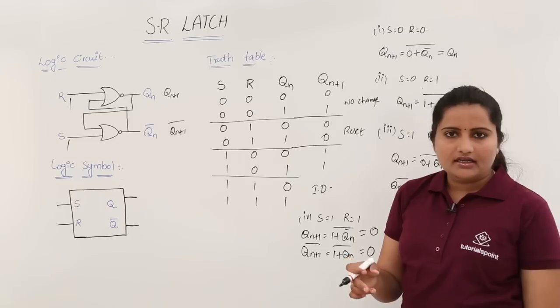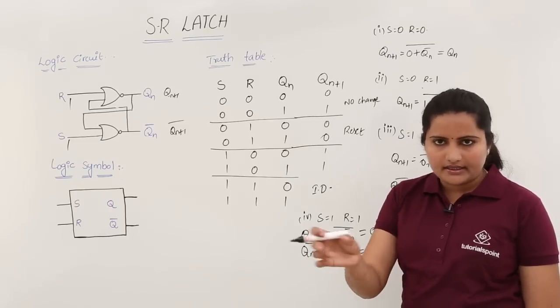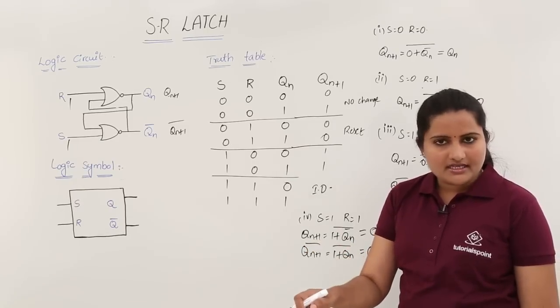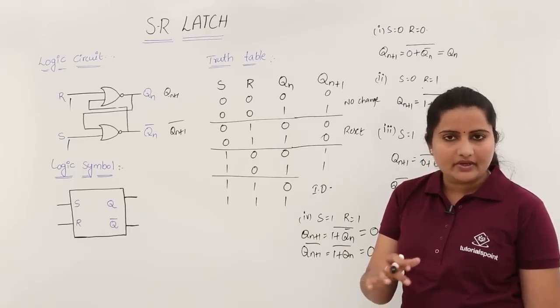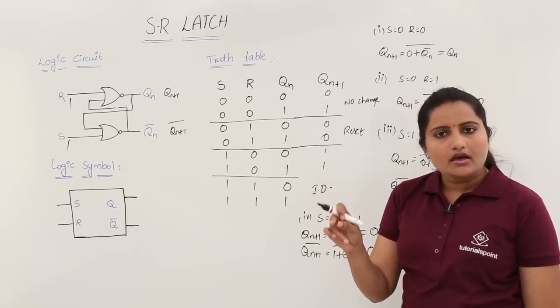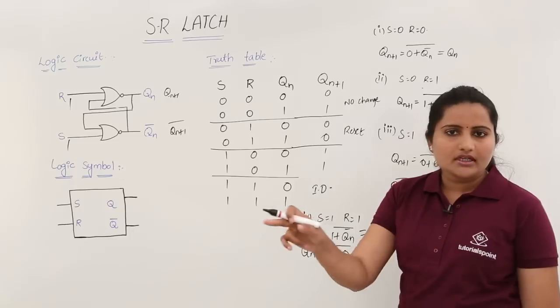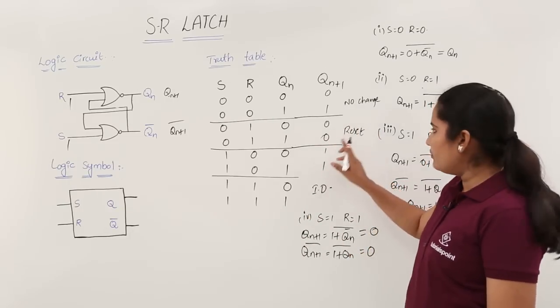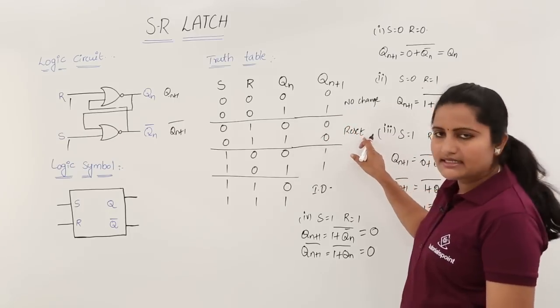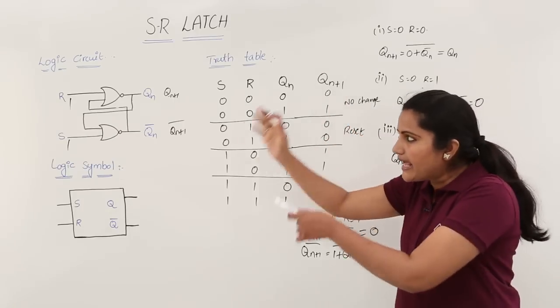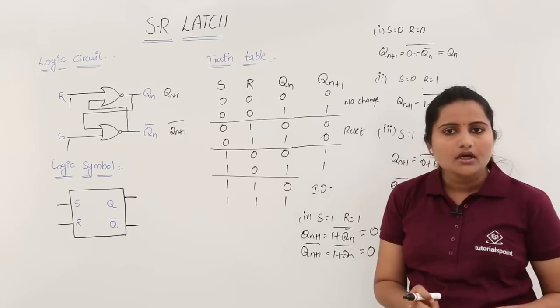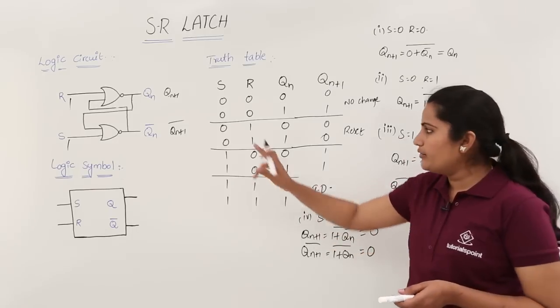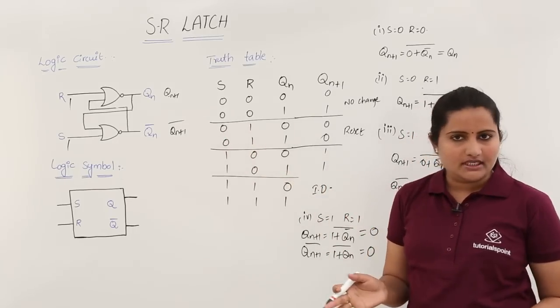For example, in any LED circuit, if you are pressing reset, or for example in your calculator if you press reset, then the total value shows 0. So it will act like this. This is called the reset state. That means if you want to reset this latch circuit, you need to provide 0, 1 at the input, that is it.